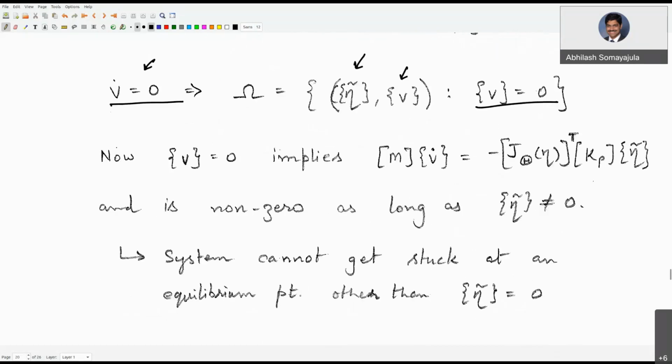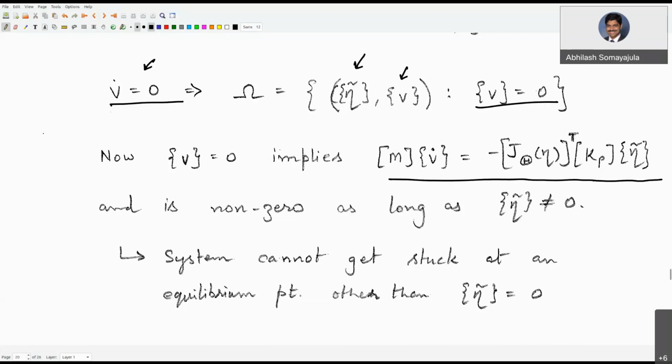Whenever V is equal to 0, M times V dot is minus J transpose K times eta tilde, which comes from our closed loop system dynamics. So whenever V is 0, this equation still has to be satisfied, indicating that V dot will be non-zero as long as eta tilde is non-zero.